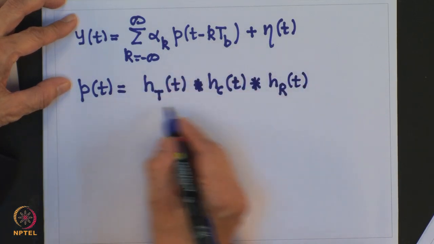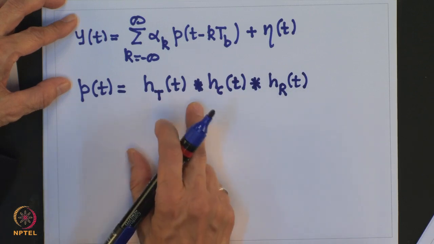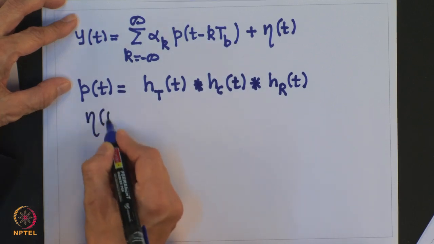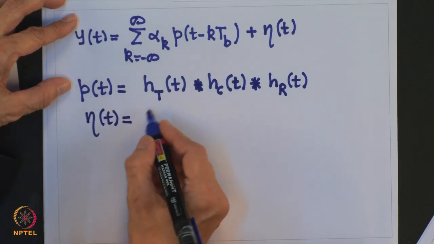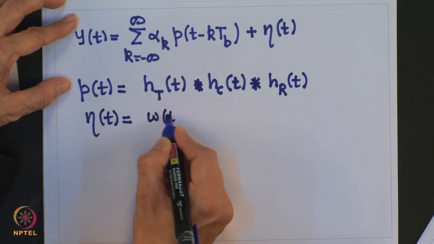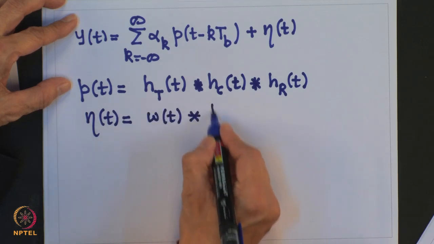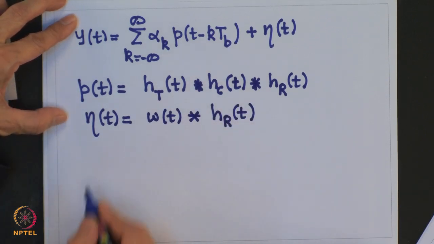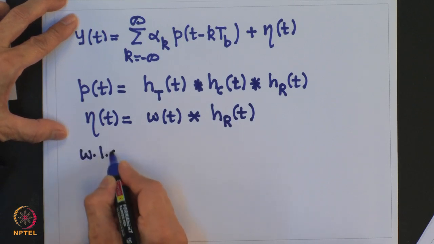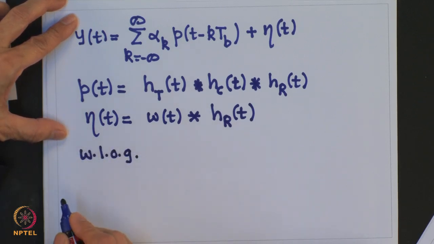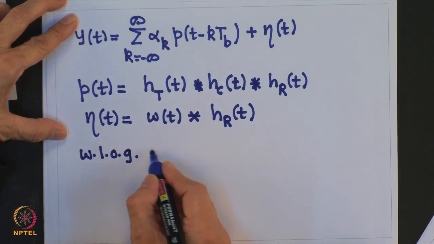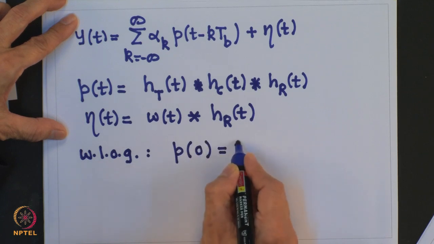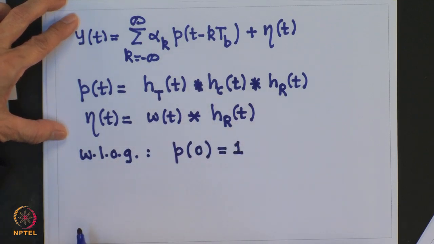So, this is the overall response of the system due to a unit impulse at the input, and your eta t noise is Wt convolved with the impulse response of the receiving filter. Now, without loss of generality, let us assume that P0 is equal to 1.